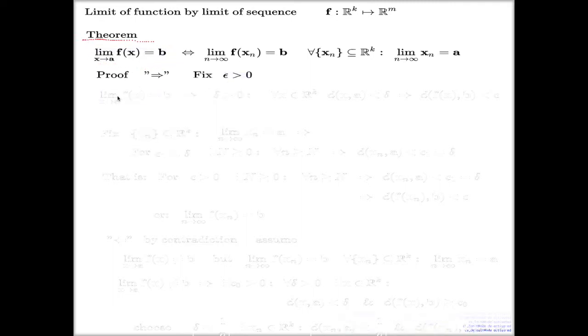What does it say? Limit of f of x equal b, by definition, implies that there is a positive delta such that every x within the delta distance of a implies that f of x will be within the epsilon distance of b. It's just an expansion of the definition of the limit.